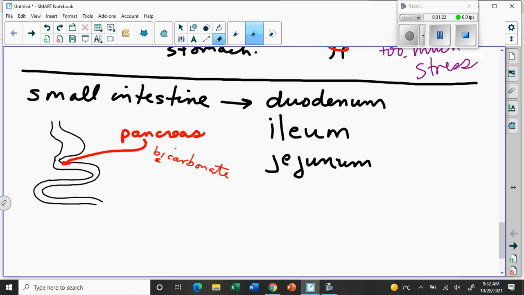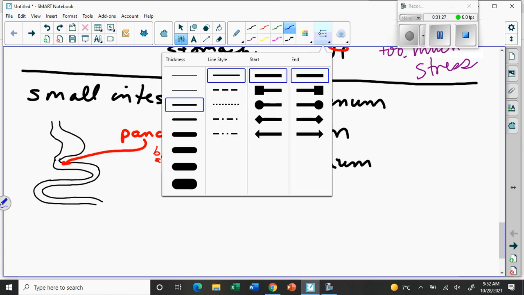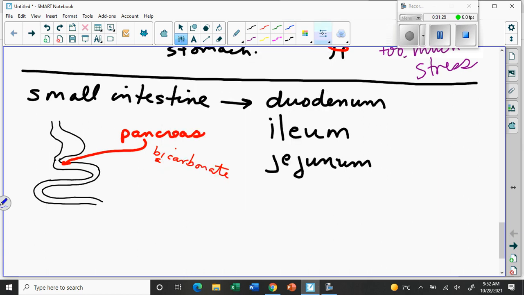The other thing the pancreas adds is more digestive enzymes. So plus, we'll put another arrow to show that it's adding two things. More digestive enzymes. And these enzymes break down everything. They are added for sugars.